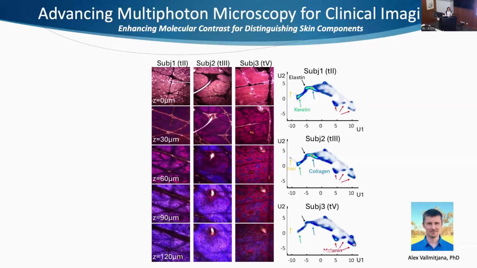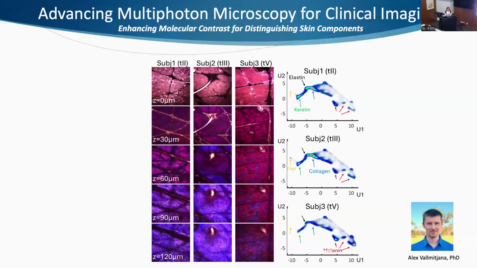So he's using these images, acquired from subjects with different skin types and different depths, and the pixels in each of these images carry a lot of information, spectral and fluorescence lifetime.